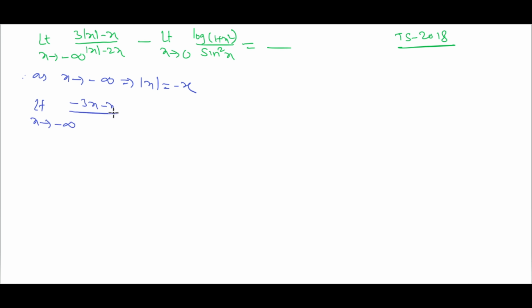minus x by mod x minus 2x minus limit x tends to 0, log of 1 plus x square by sin square x. This is multiplying and dividing by x square. This sin square x by x square, as limit x tends to 0, this value is 1. That is equal to limit x tends to minus infinity, minus 3x minus x, minus 4x by minus 3x.